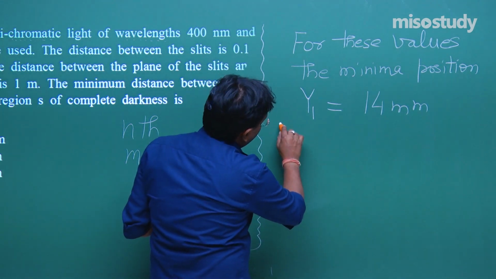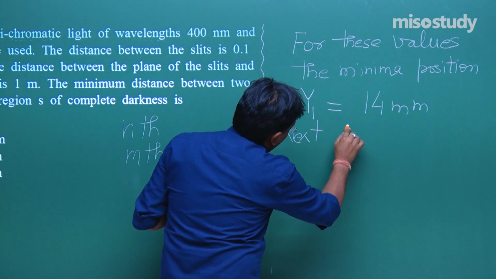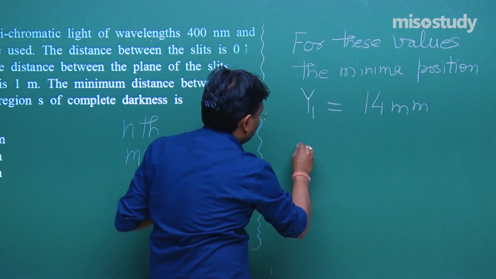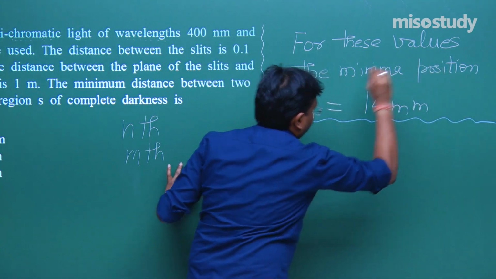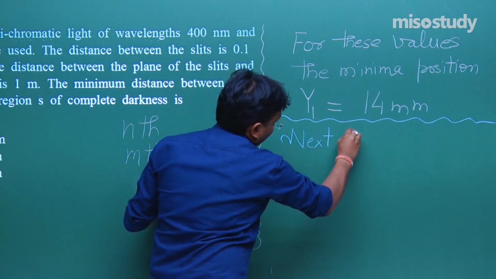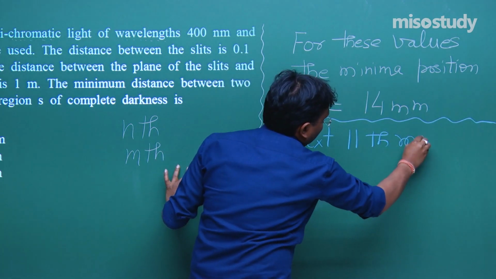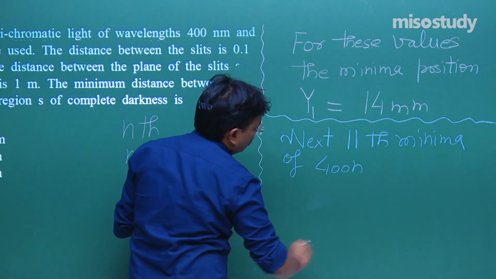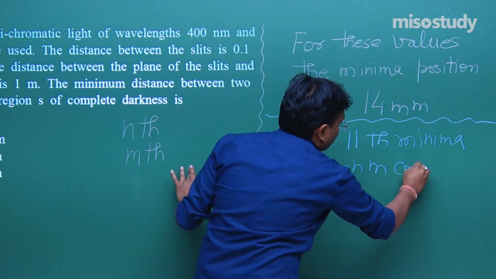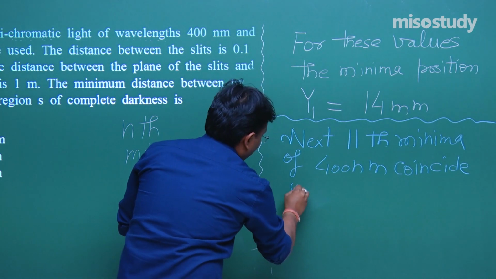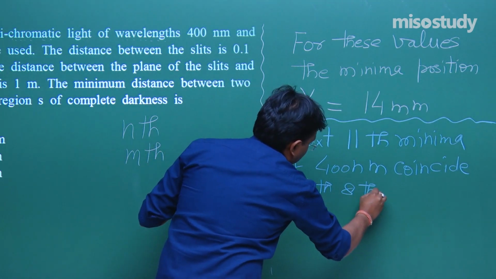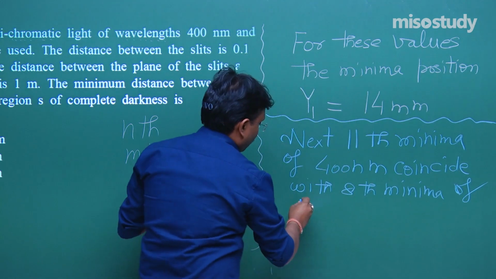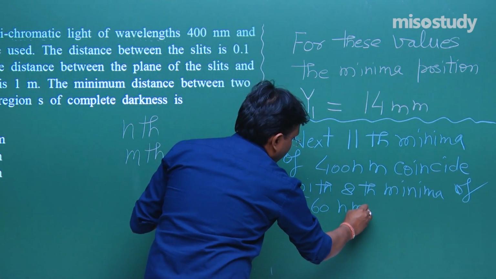Similarly, what we will say next is the 11th minima of 400 nanometer coincides with the 8th minima of 560 nanometer.